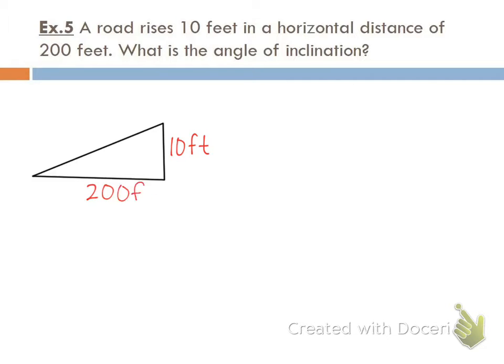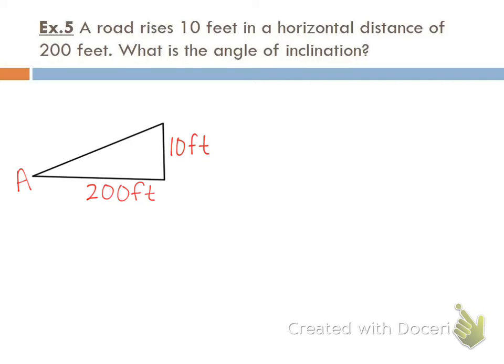Your horizontal distance is 200 feet. The angle of inclination occurs between the road and what we consider the baseline of the ground. So this would be our angle. I'll just label it with an A down here.